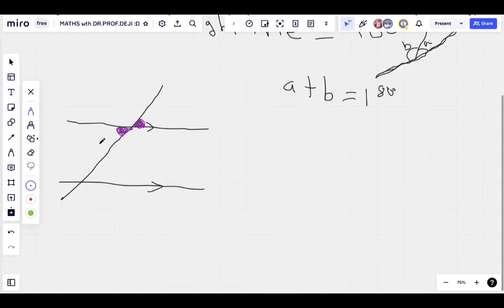And vertically opposite angles are equal. If here is A, here will also be angle A.